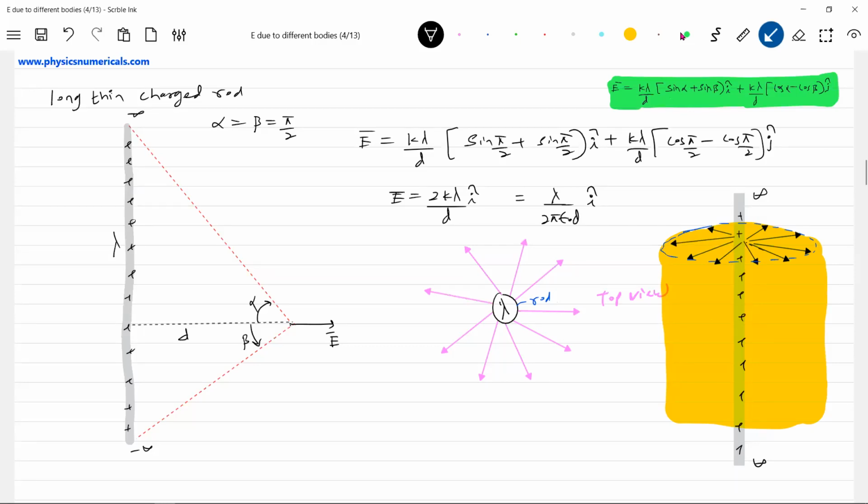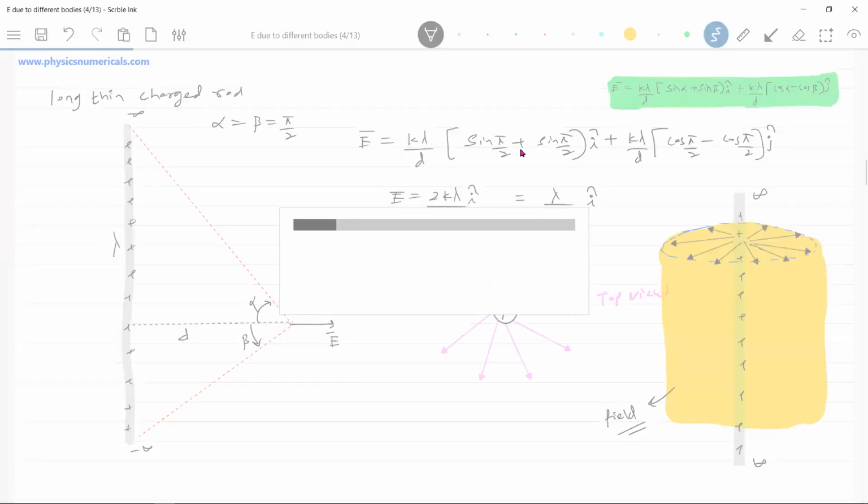Okay, fine. This is the field. For a thin rod, there is no question of inside the rod.